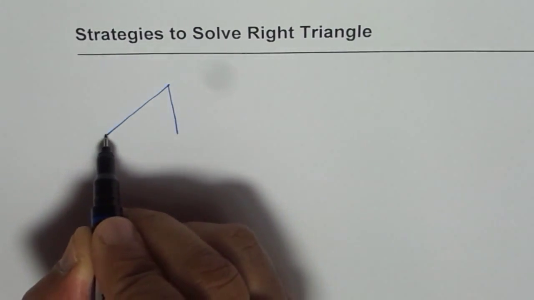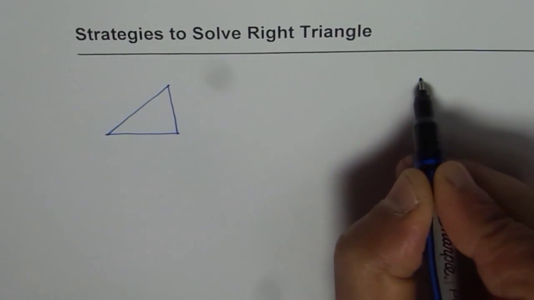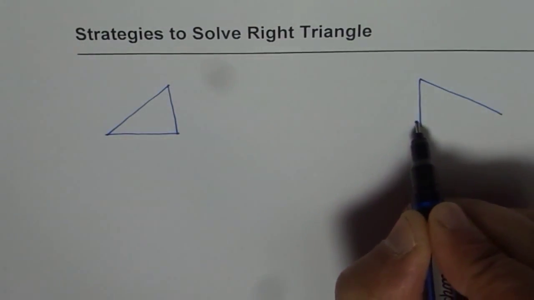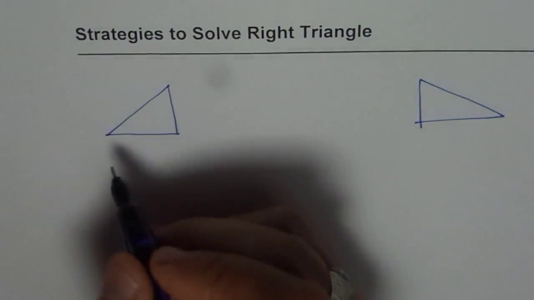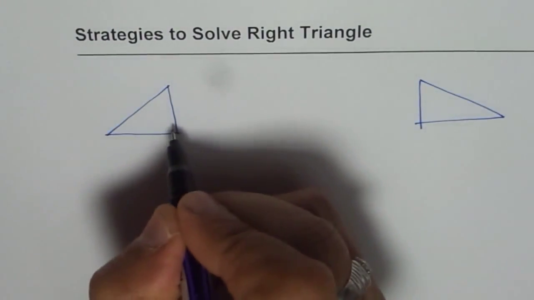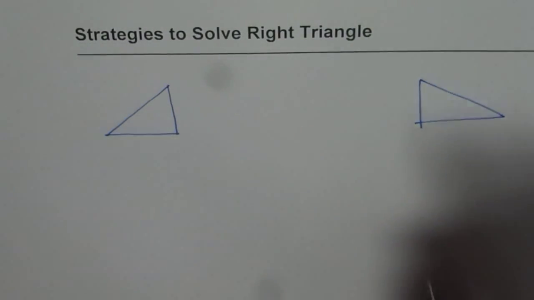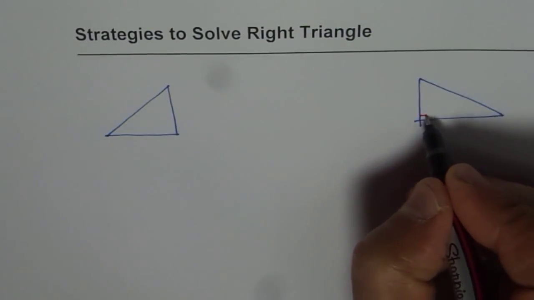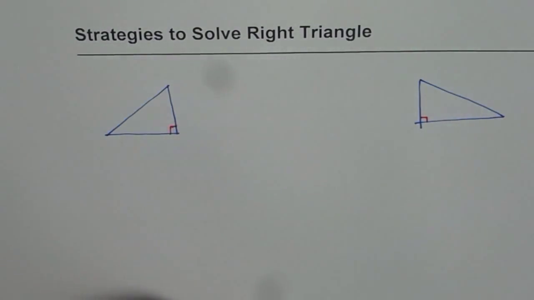So let us say this is one of the triangles. The other one is, let me draw it the other way. Okay, so these are our right triangles. Now, right triangle means definitely there is one right angle, correct? So that is a must, then only it is a right triangle.